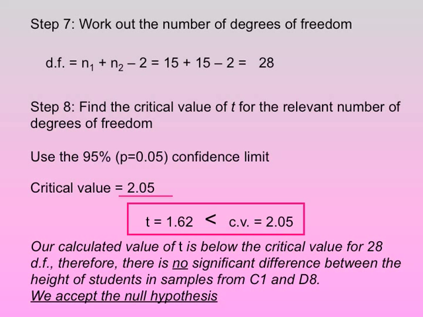That means that there is no significant difference between the height of students in samples from C1 and D8. We accept the null hypothesis that there is no significant difference. If the value of t is bigger than the critical value, then we have to reject the hypothesis.